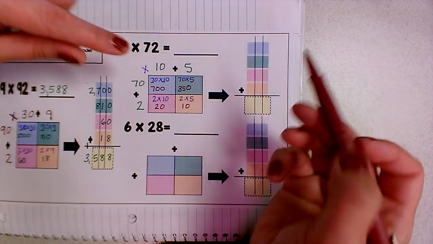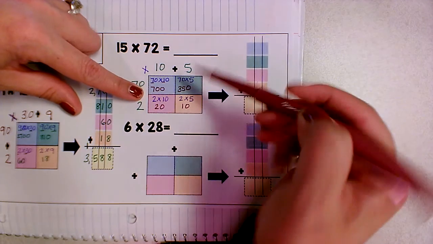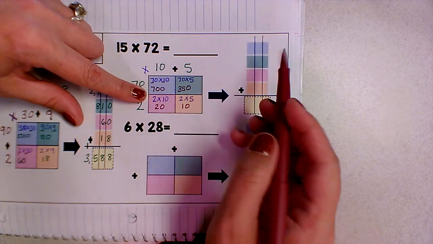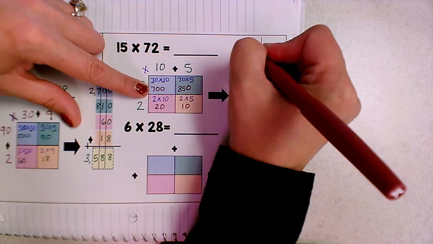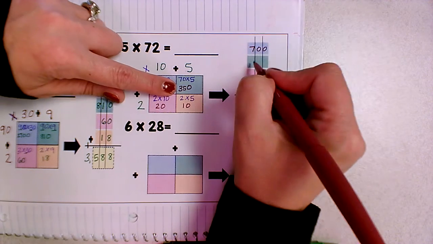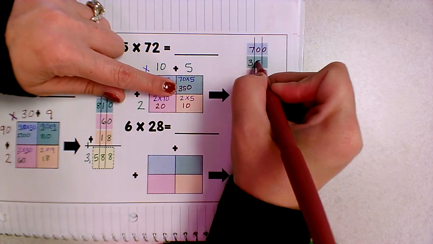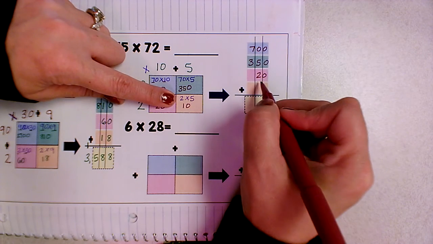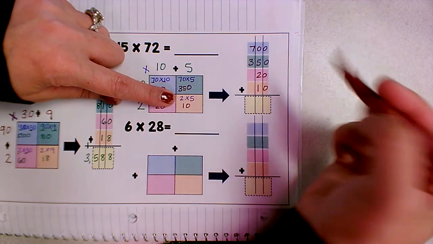And then I'm going to take those numbers, now that I've multiplied them across, and add them. So in the blue box is 700, the green box is 350, 2 times 10 was 20, and then 2 times 5 was 10. Then I'm going to add those together.